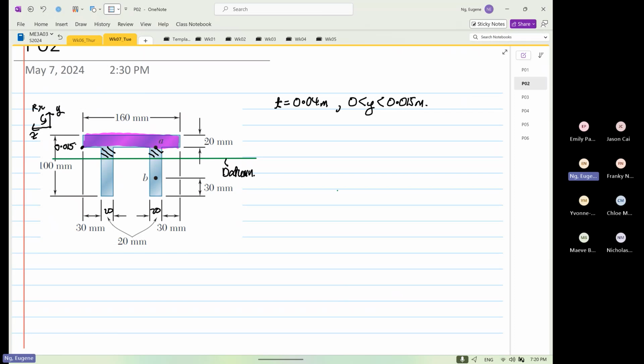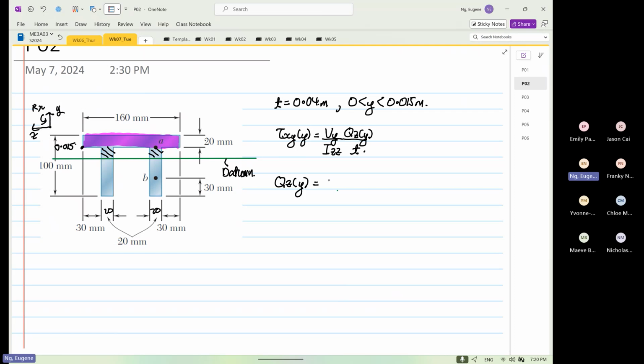So from here, again, we know the formula we're going to use. We know Vy, Izz is constant, Qz as a function of y is changing, and we know our thickness, right? So now we have to find Qz as a function of y.